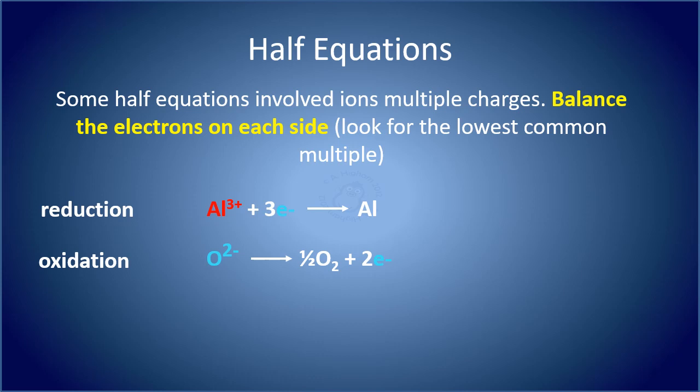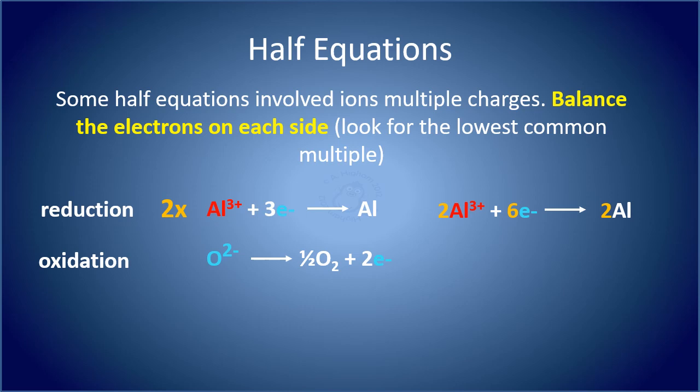So how many lots of 3 electrons do we need to make 6? And how many lots of 2 electrons do we need to make 6? I'll go through this quite slowly. We need 2 lots of the 3 electrons to make 6. And that means we multiply everything in this half equation by 2.